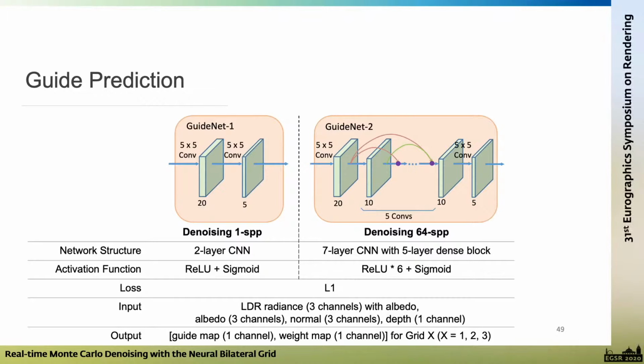For each layer in the block, we concatenate their feature maps to its following layers. In both architectures, we set the 2D size of convolution as 5 by 5. We employ ReLU activation for the layers before the last one, while we use sigmoid activation for the last layer, so the range of the output is from 0 to 1.